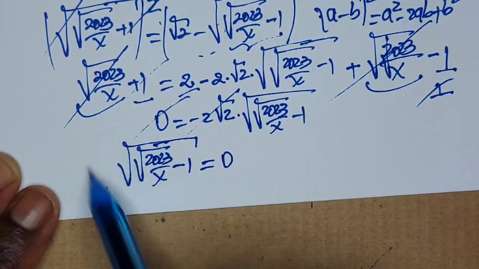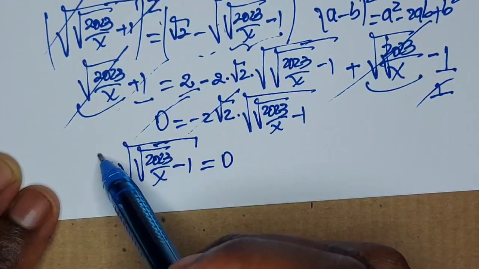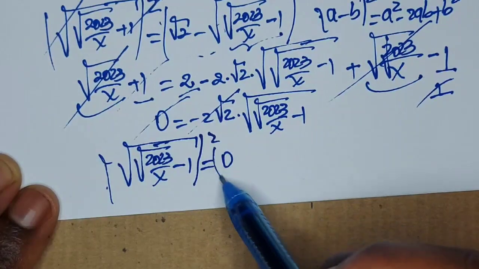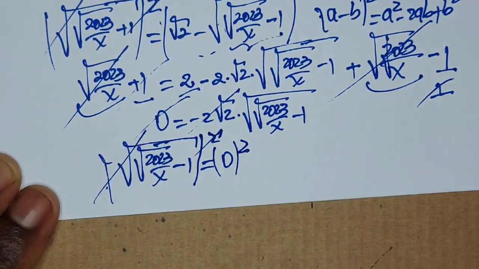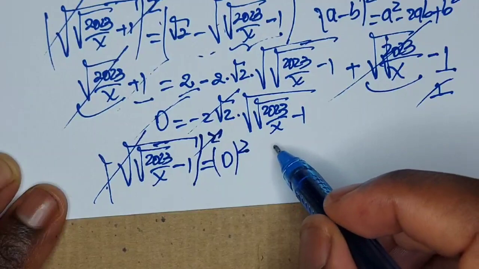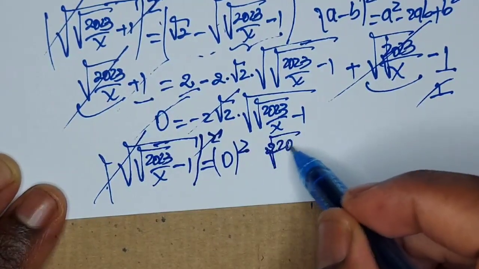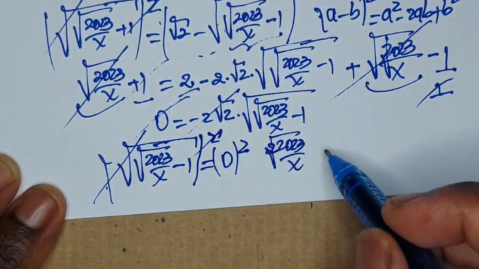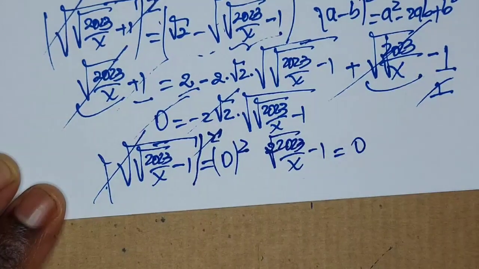Well, squaring both sides of the equation, you cancel this, and you have 2023 over x minus 1 equals 0.